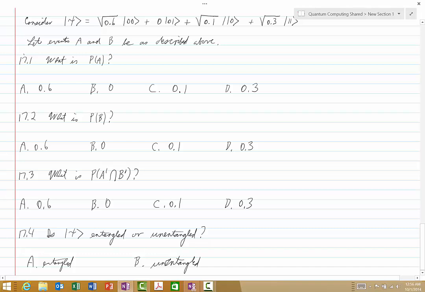And again, the choices are the same. And then the final in-class problem is, is this state entangled or unentangled? So I think that these problems will be fairly straightforward for you, and then we'll have some others fairly similar to that in class. So good luck.